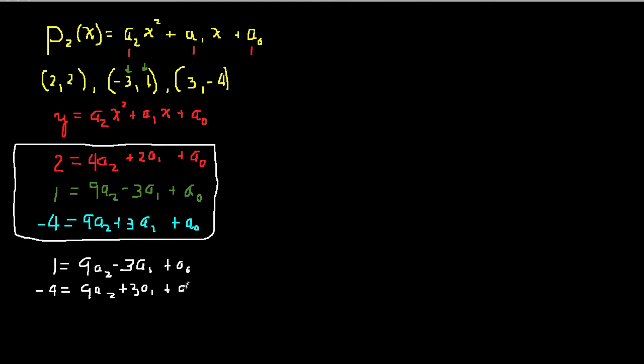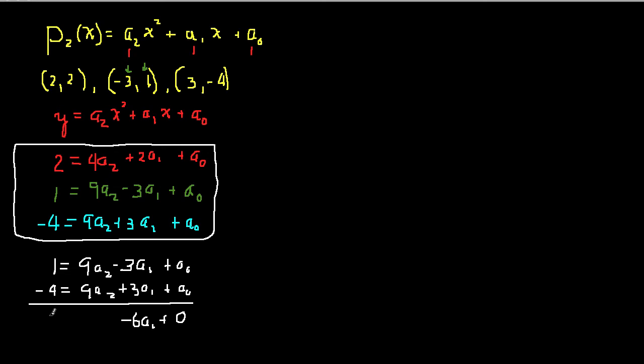plus a0. Now if I subtract the bottom equation from the top equation here, a0 from a0 gives me 0. Plus 3a1 subtracted from negative 3a1 gives me negative 6a1. And 9a2 subtracted from 9a2 gives me 0.